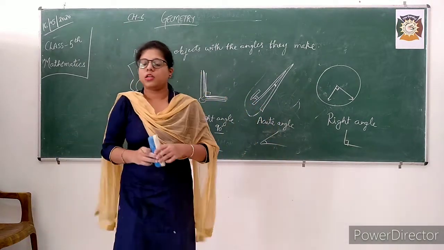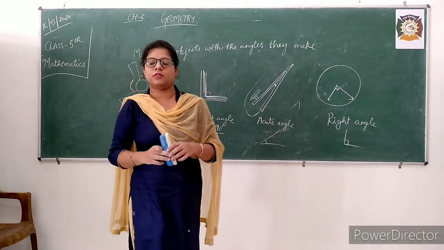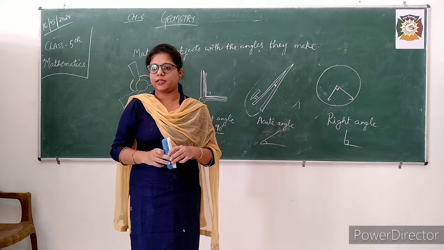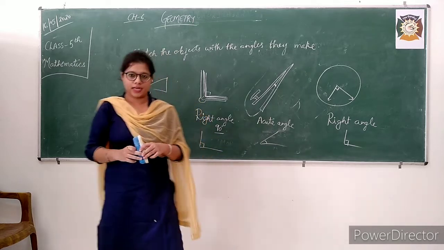Okay. Now we are left with only two questions. The first one says circle the letters where you see a right angle.